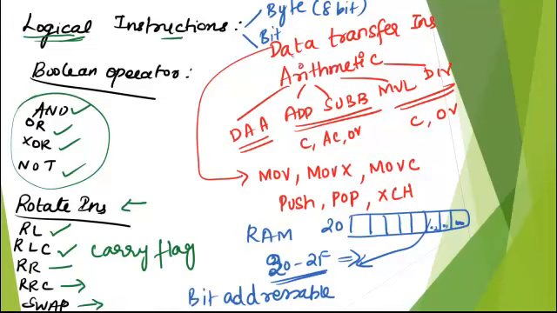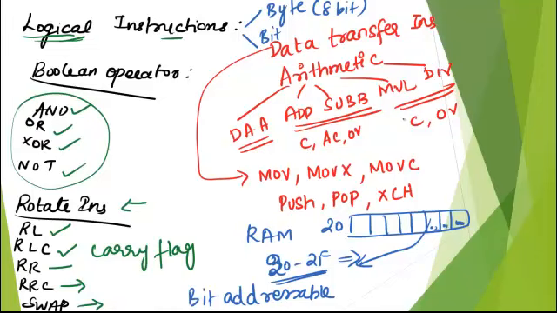In the previous class, we discussed the data transfer instructions and arithmetic instructions of the 8051. Data transfer instructions are move, move external, move code memory access, push, pop and exchange. Arithmetic instructions are addition, subtraction, multiplication, division and decimal adjust accumulator. In addition and subtraction, the flags affected are carry, auxiliary carry and overflow.